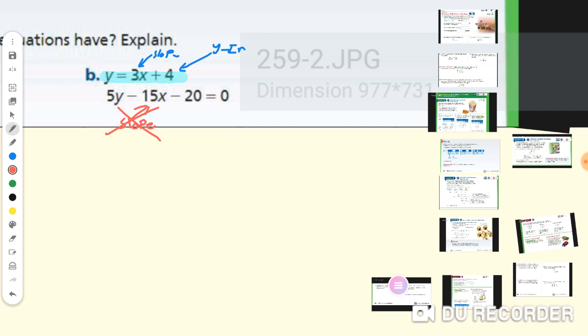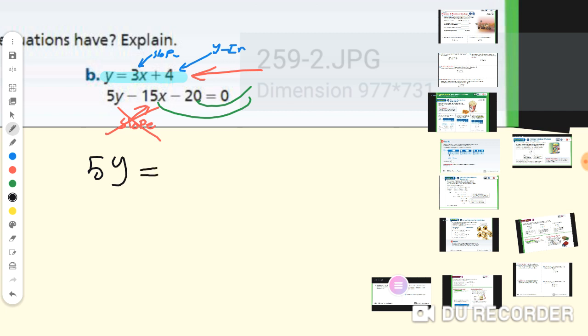I must put it in this form first. Don't take negative 15 as a slope. Take care about it. I mentioned it many times. Okay? So I will take this equation and write it in the form of y equals. I need to move negative 15x to this side and negative 20 to this side. In this case, we have 5y on the left-hand side.